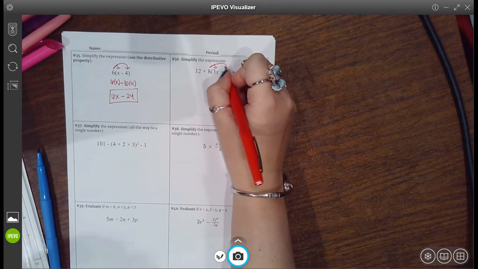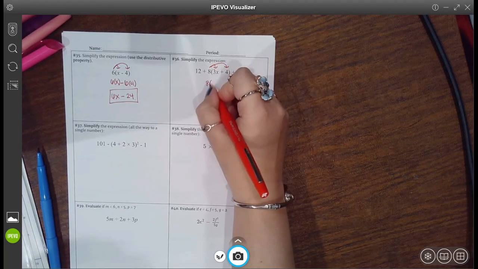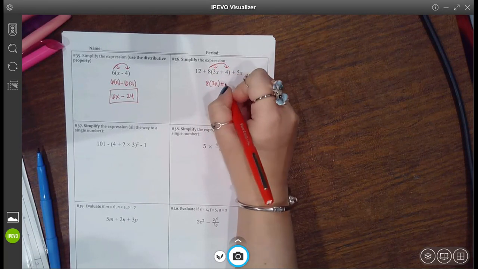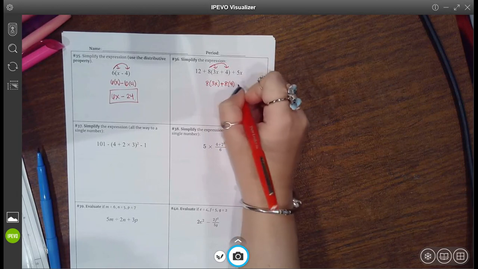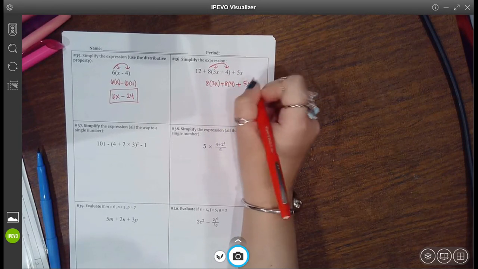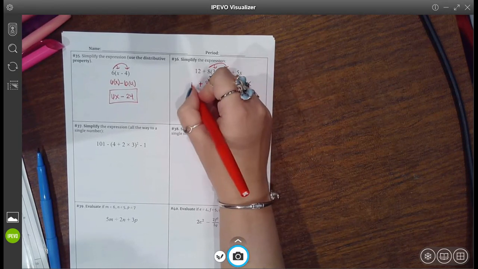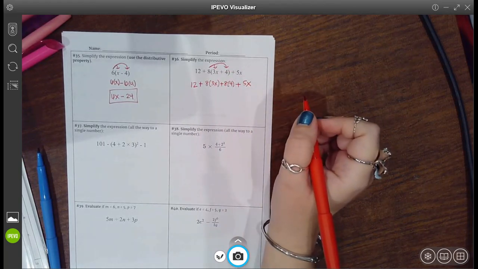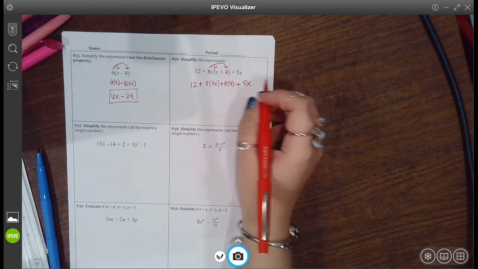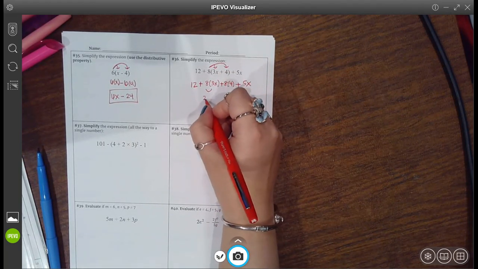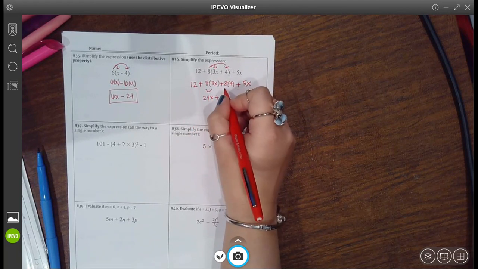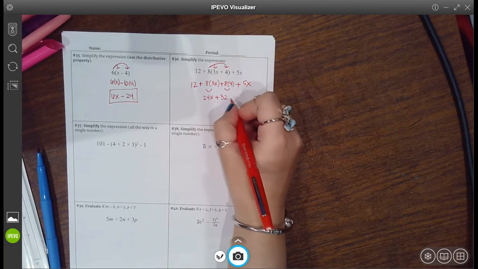Okay, my next one. I again need to distribute. You have 8 times 3x plus 8 times that 4, but you also have that random 5x at the end and that random 12 at the beginning. So I can simplify 8 times 3x is 24x plus 8 times 4 is 32.